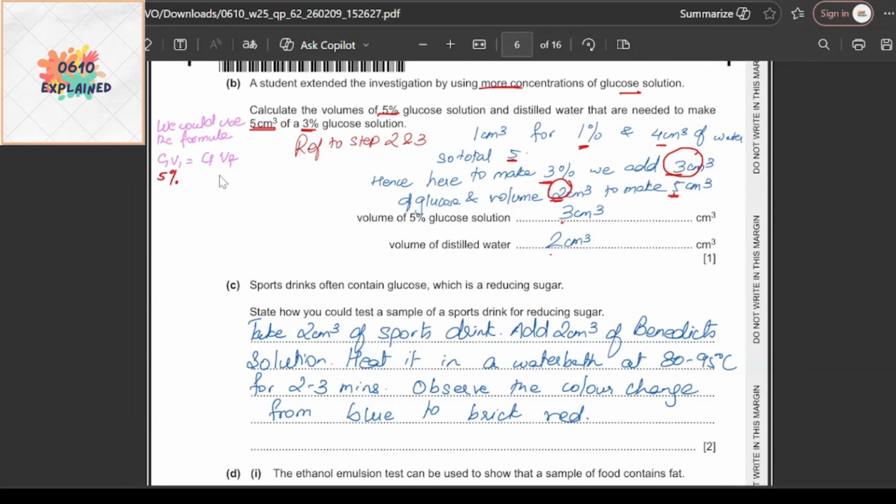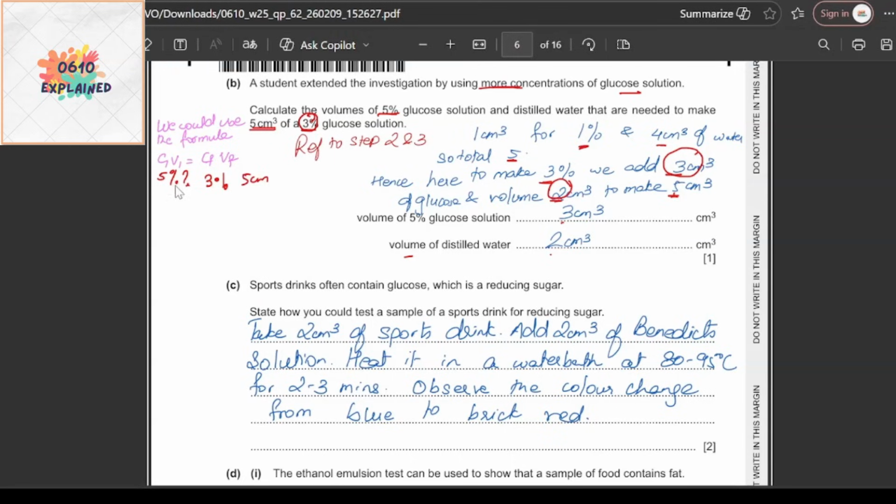Okay, and the volume is what we had to find here, V1, the volume to be found. Then CF is the final concentration, which is 3%, which they have asked you to make. Okay, here 3% of glucose solution, and Vf is the final volume, that is 5 cm³.